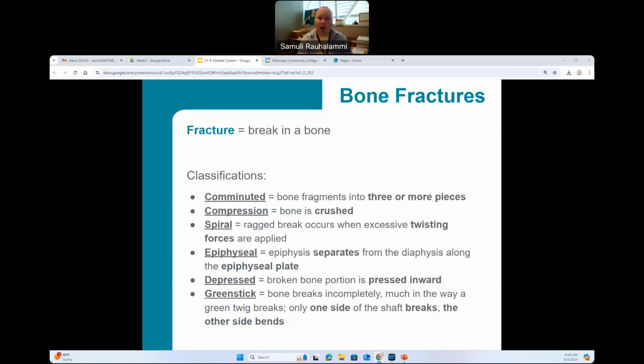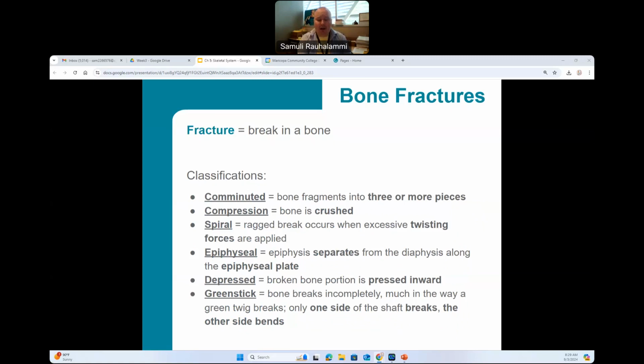But there are other ways to classify bone fractures as well. We won't, on this course, get to review them in too much detail, but if you're interested, I'm always happy to discuss them further with you. Things like greenstick fractures in younger patients are especially common.